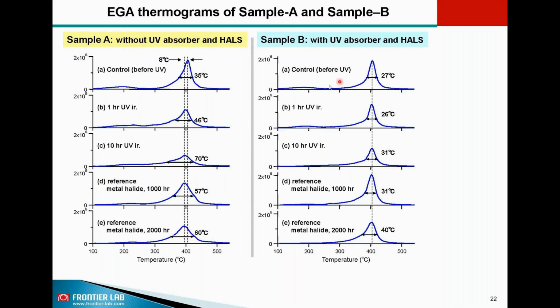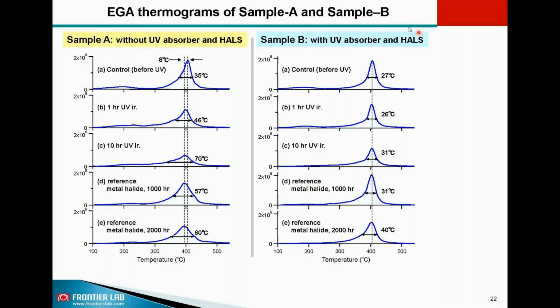Okay, on the other hand, when the paint is mixed with UV absorber and light stabilizer, you do not see much difference. So that means our EGA analysis can easily tell you whether this formula is working or not.